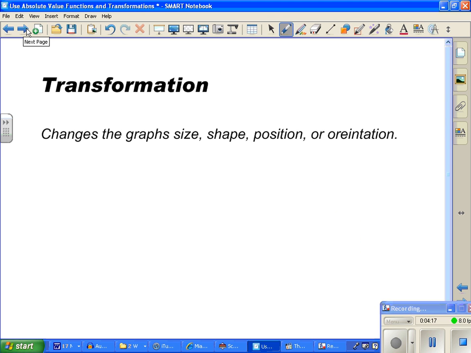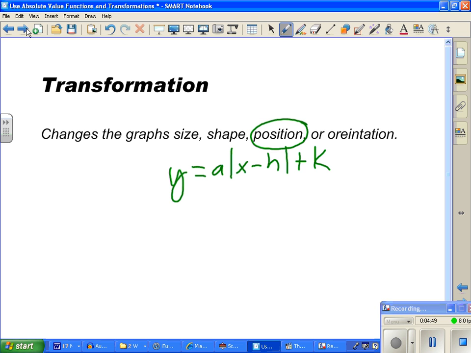A transformation changes the size, shape, position, or orientation. I'm getting all of this from page 124. All these things have a bearing on x minus h plus k. I can change the position of this graph by changing where my vertex is, changing h, k.